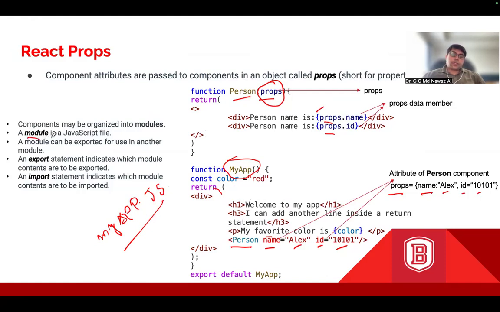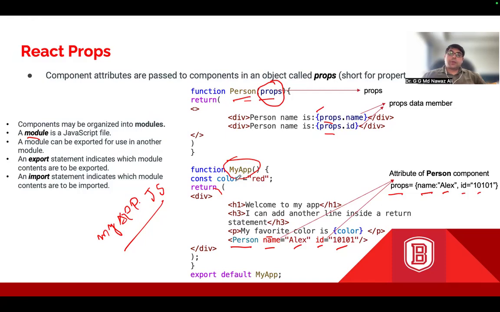A module is basically a JavaScript file which hosts the component, okay. Then you can export it, because if you create, say, the person component in a separate module, then you need to export it, and then MyApp should import it, okay. All this we'll see, okay.